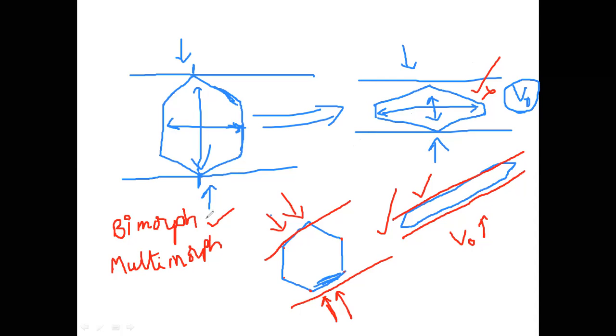The types of bimorphs: bender bimorph and twister bimorph. Bender bimorph means, let us take this is a crystal, and I am applying force like this.